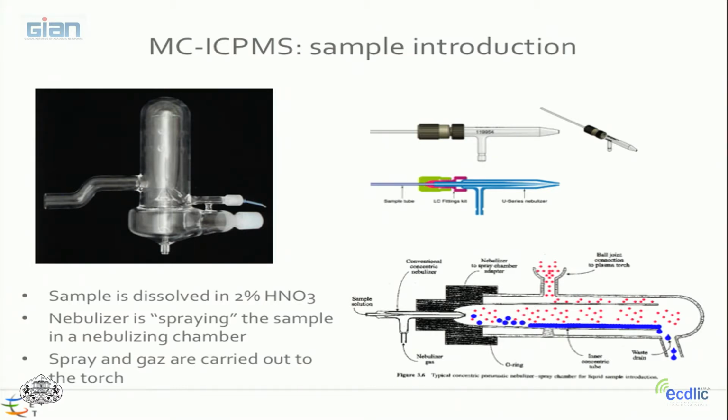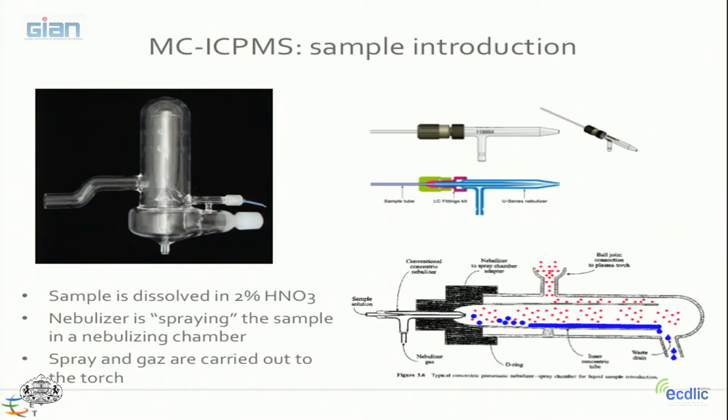Typically your sample is dissolved in very diluted nitric acid. It is a nebulizer, okay, spraying into the chamber, and all this is carried out into the torch.